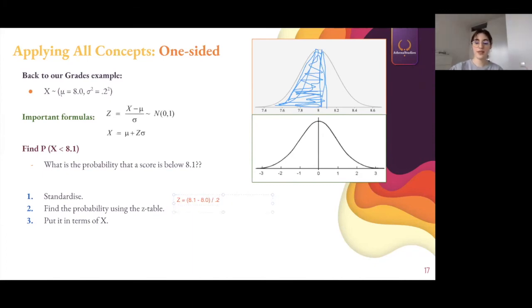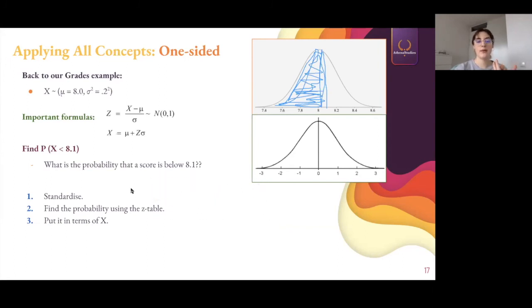Now that we have this information, we can see that 0.1 divided by 0.2 gives us z equal to 0.5. This is the first thing that we need to do in terms of standardizing.